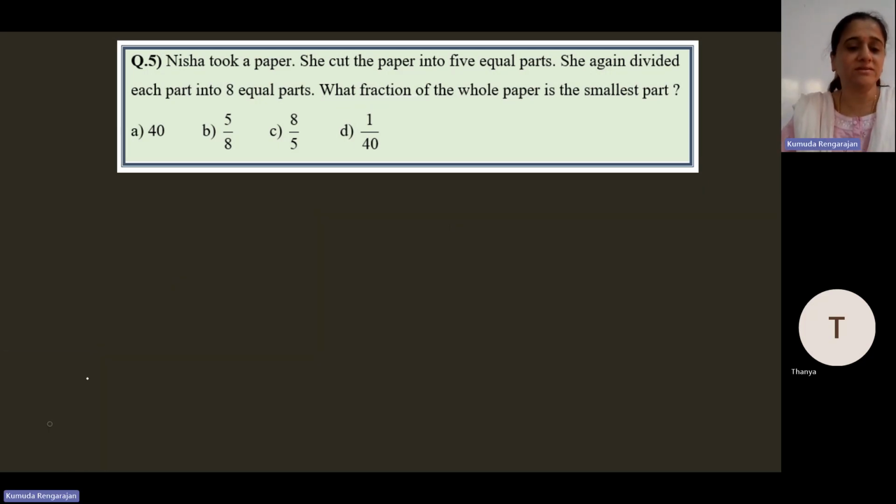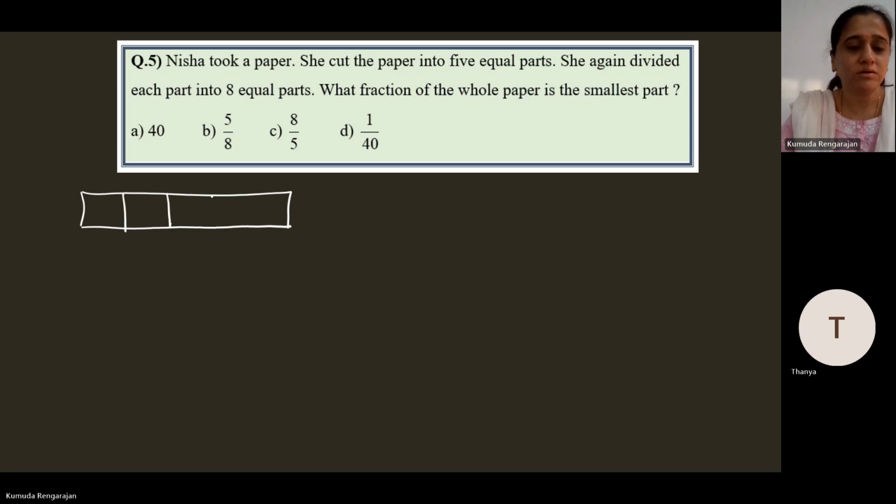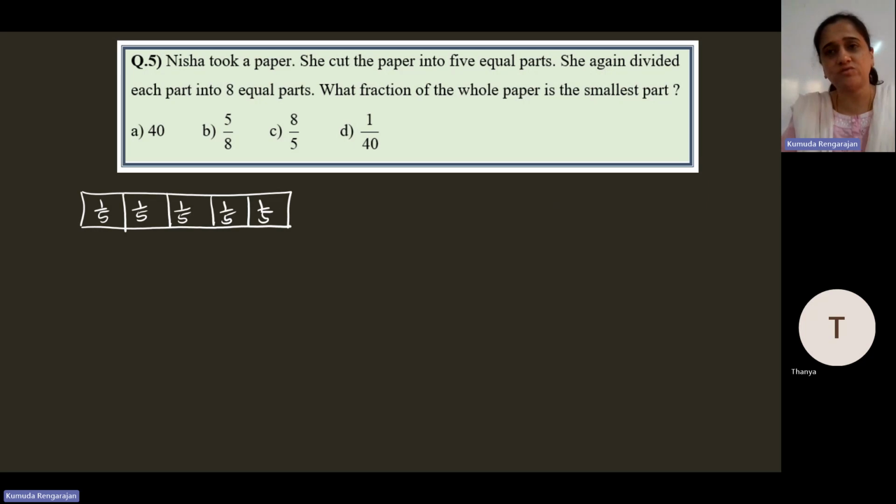Let's do it again. See here. A piece of paper divided into 5 equal parts. Each part represents 1/5 of the whole, because 1 is the entire paper divided by 5 equal parts. Is this okay?